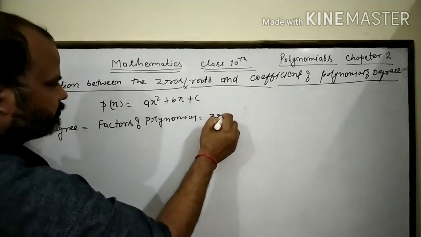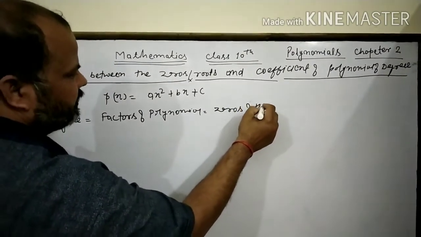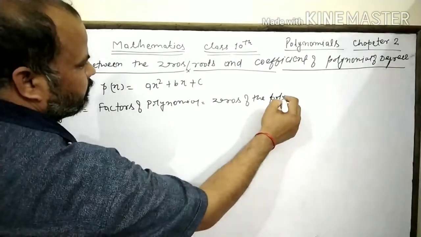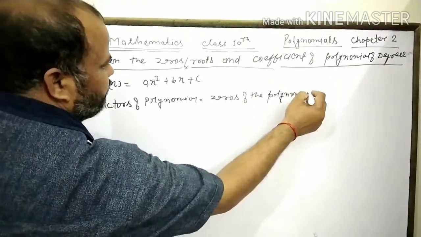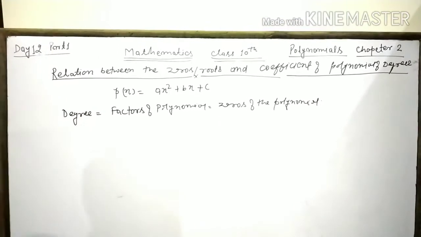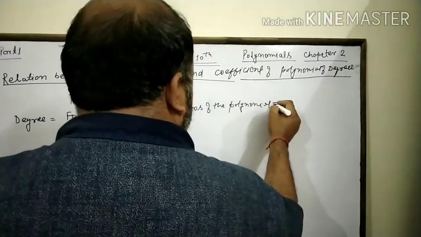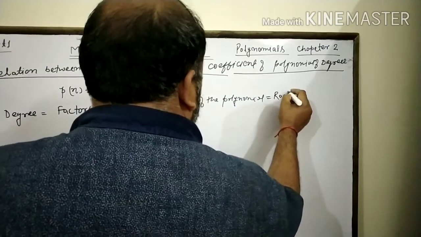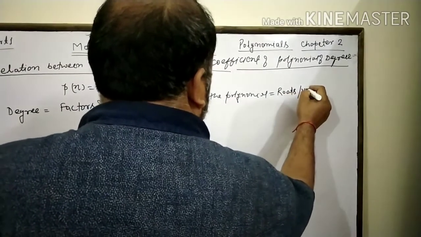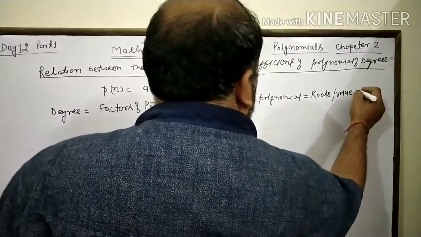Zeros of the polynomial, roots of the polynomial. Roots and zeros are the same.